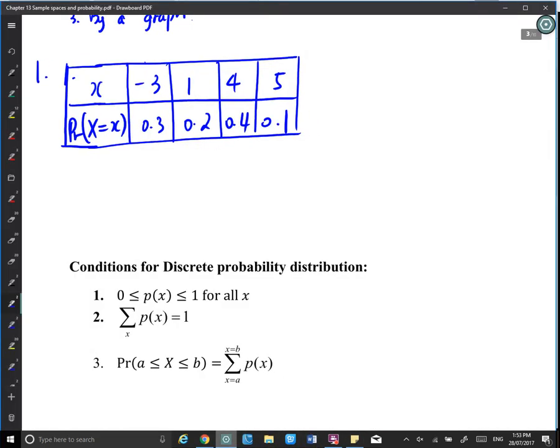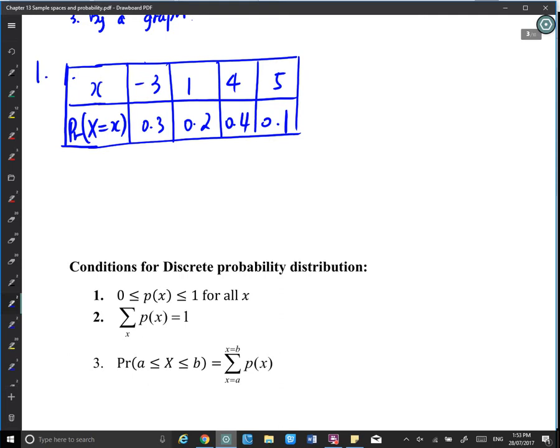It's lowercase because it represents the value it can actually be. So it can be -3, 1, 4, and 5. It's the value it can really take. And uppercase X means the random variable X equals the value on the top. So it's capital X equals lowercase x.